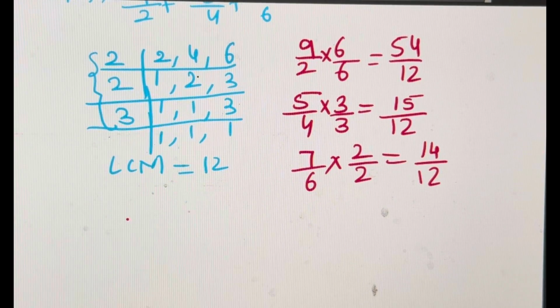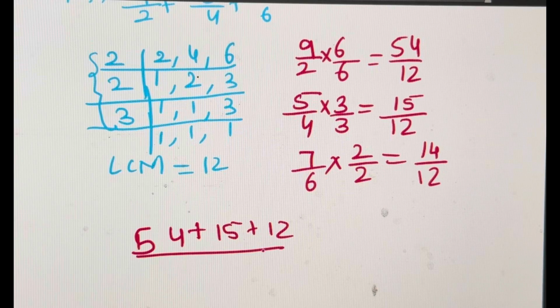So 54 upon 12 plus, we can write the denominator together once because we are not adding the denominators, you all know that. So 54 plus 15 plus 14 upon 12. So we add all the numerators and the denominator remains the same, right?